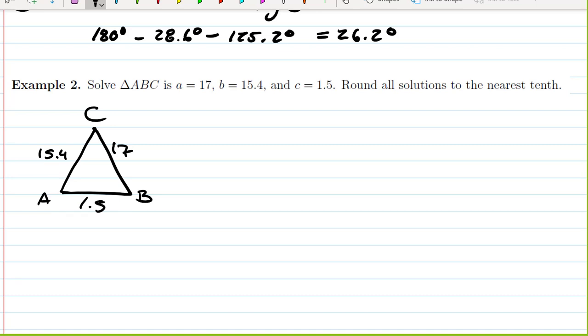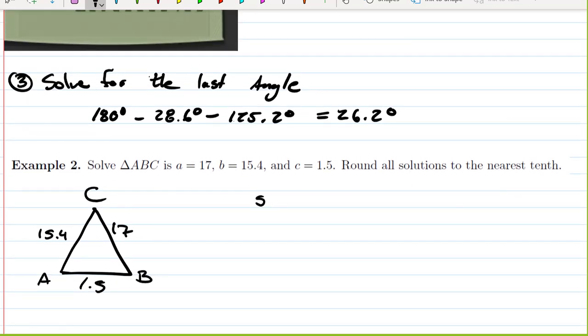So in this case, we actually only know sides, right? So we're going to have side, side, side. So this is our SSS case, which is the very last one on our handout.